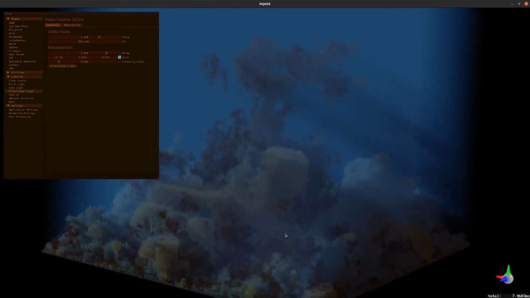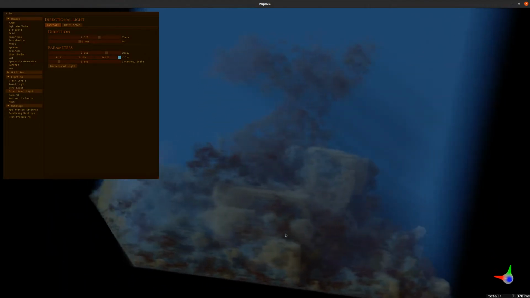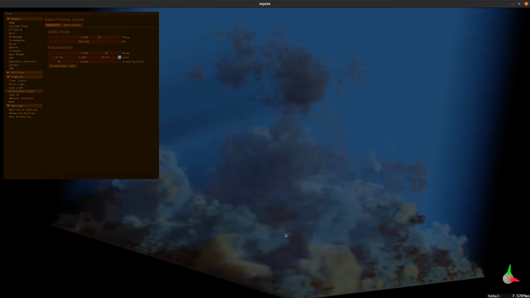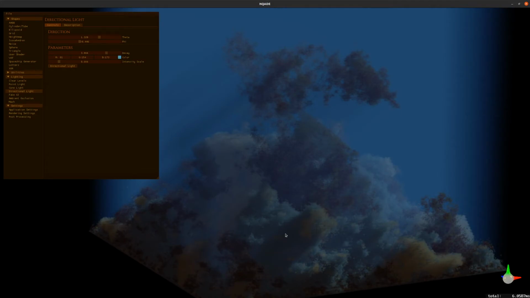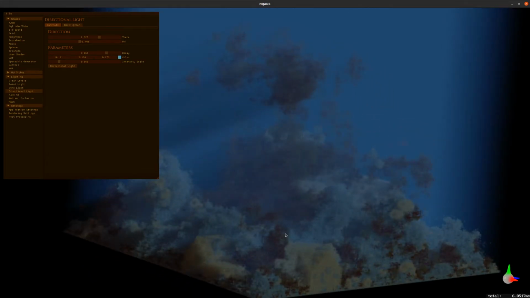Anyway, this is the directional lighting. So this is a uniform vector for every voxel. It just samples through the volume backwards along that ray. It starts at the voxel location, for example here in the shadows, and it goes and goes until it leaves the volume.